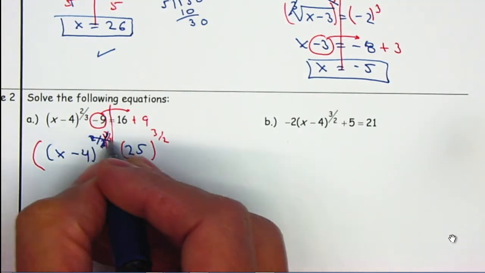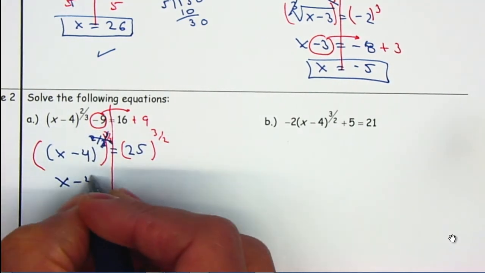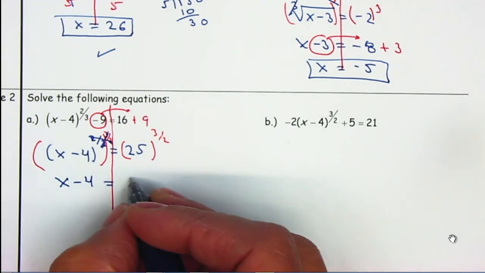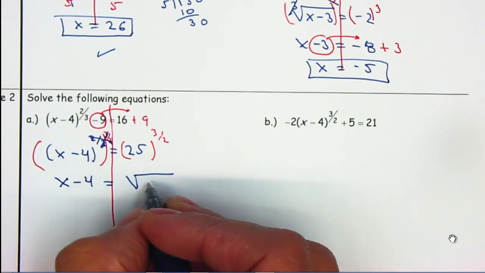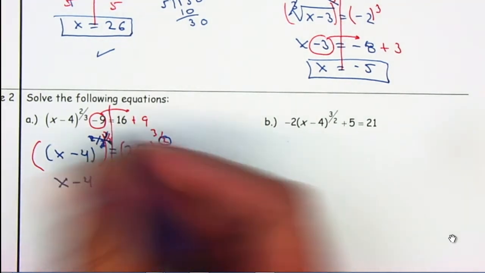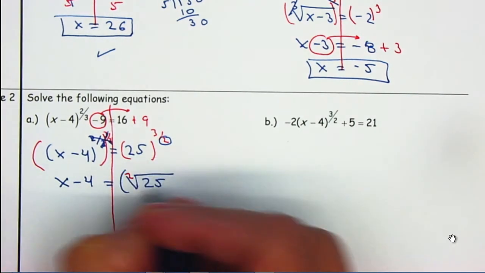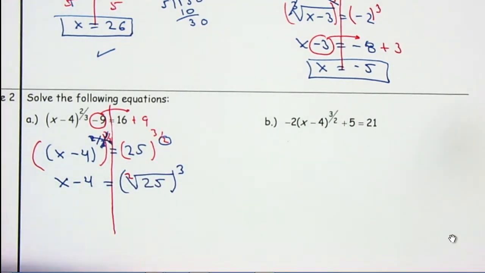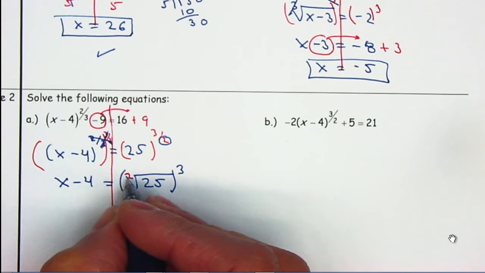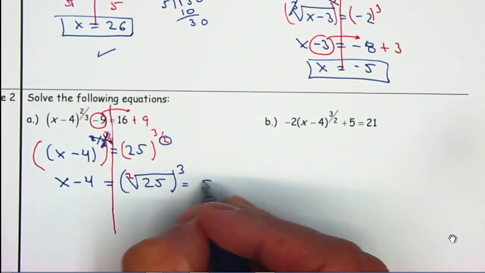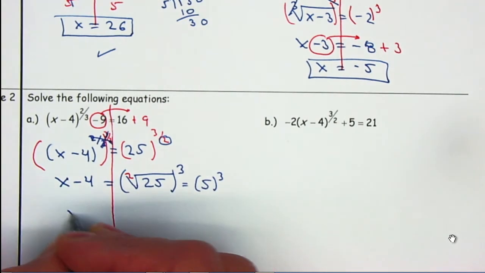Or we can just say that it cancels. x minus 4 is equal to, I'm going to rewrite this as a radical expression. 25 goes inside, the root is the denominator, and then we have it raised to the 3rd power. The square root of 25 will be 5, and then raised to the 3rd power will be 125.